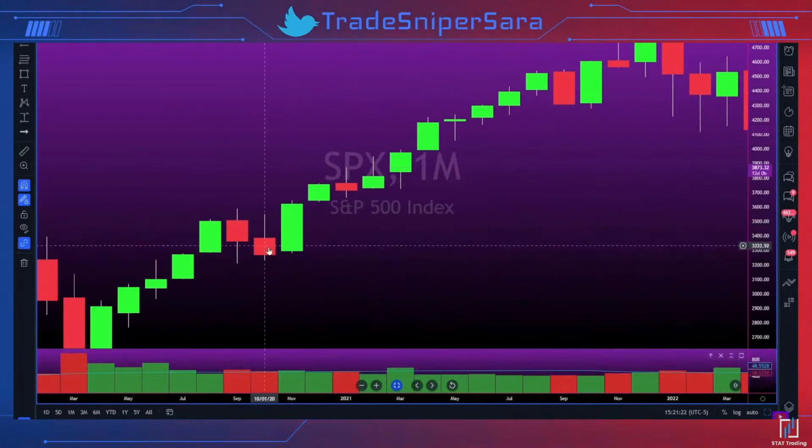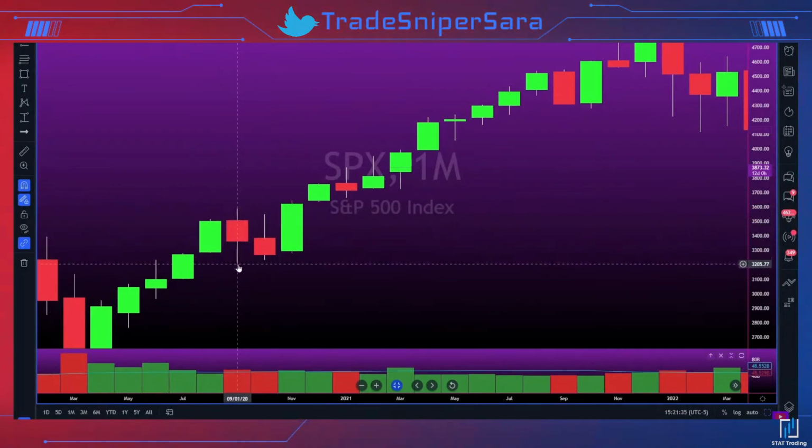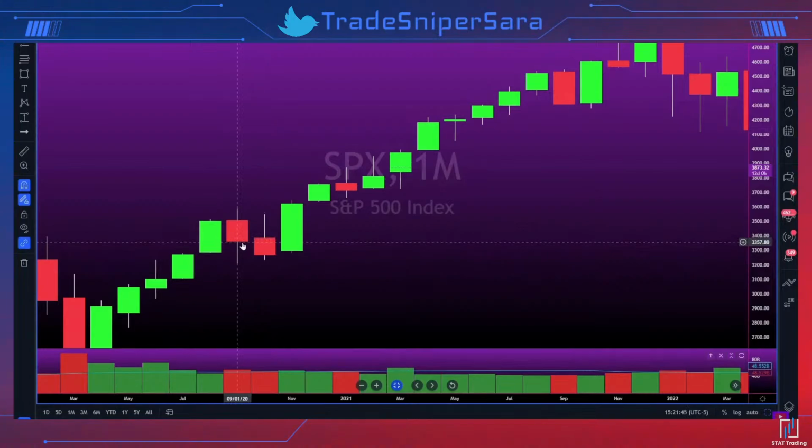This candle, for example, is a 1 because it's completely within the range of the previous candle. So this is what a 1 is. It's an inside bar. Consolidation. Couldn't take out the previous candle's high, couldn't take out the previous candle's low. And when we refer to candles, we are always talking about the candle type in relation to its preceding candle, the candle before it.